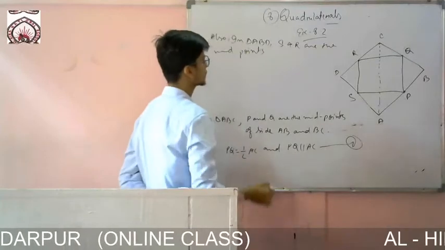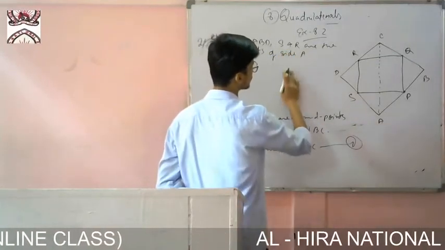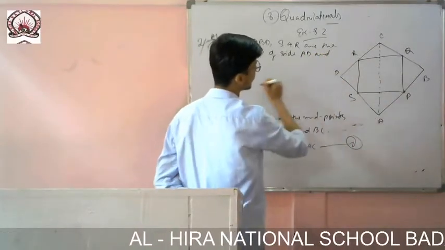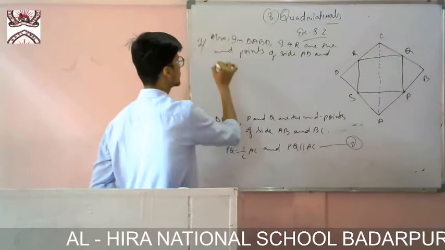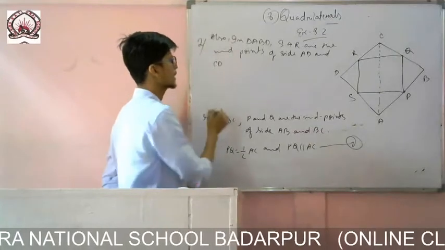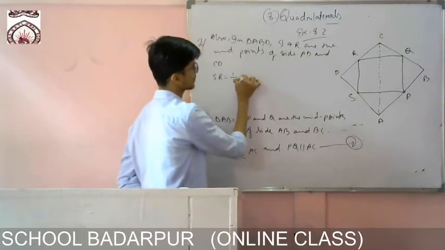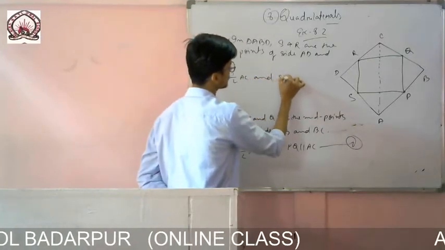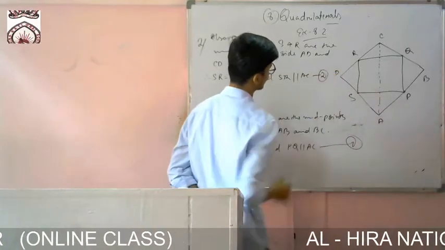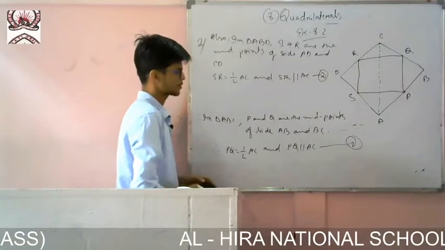S and R are the midpoints of sides AD and CD respectively. So again I can write SR is equal to half of AC and SR is parallel to AC. Equation number 2. So we have got two equations.